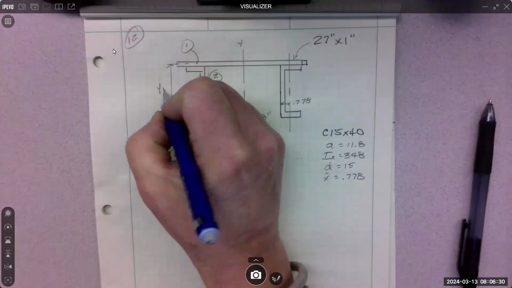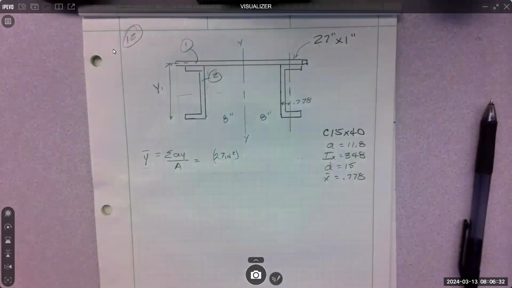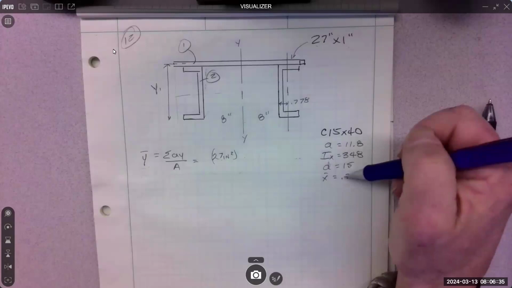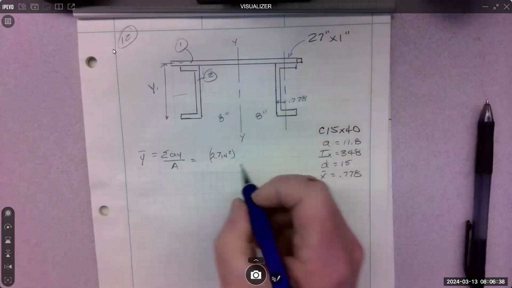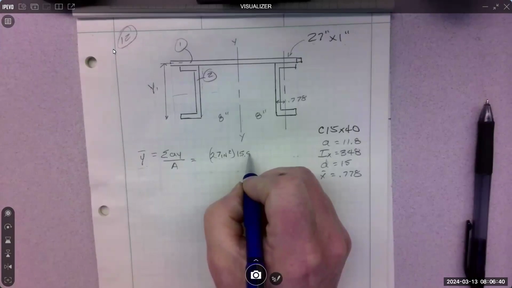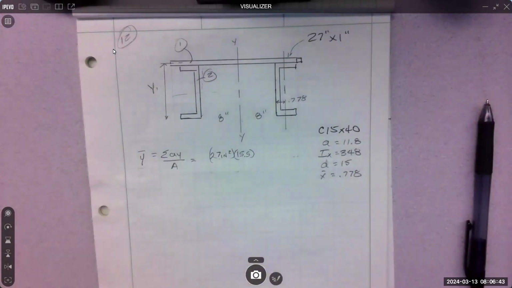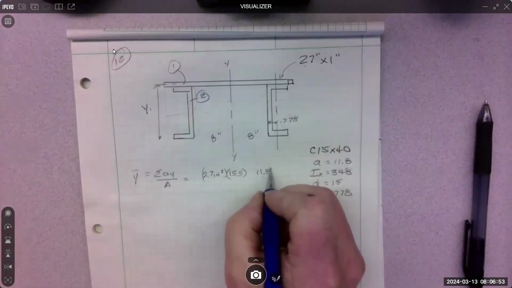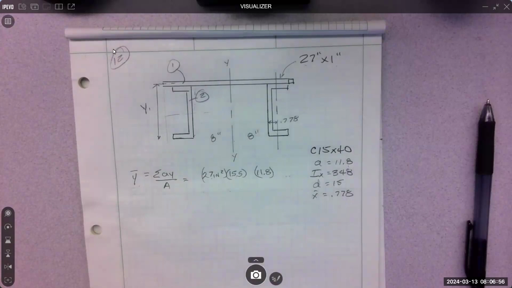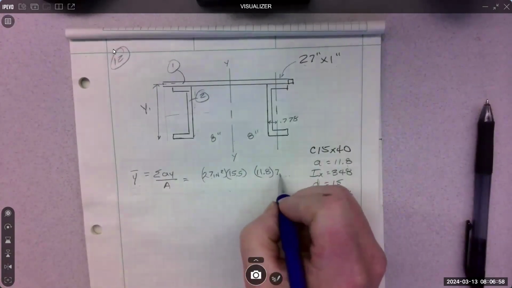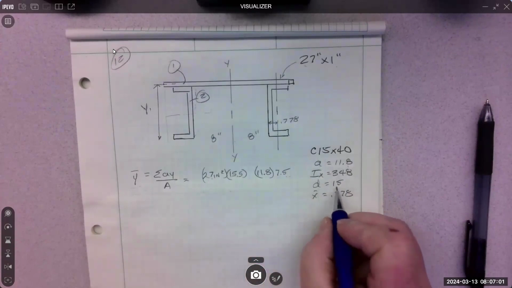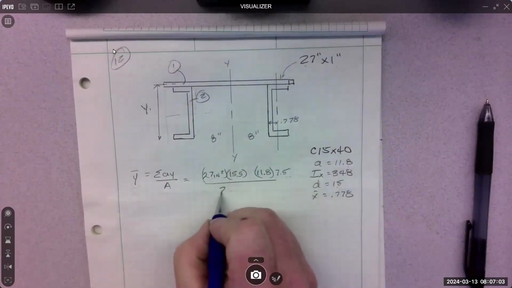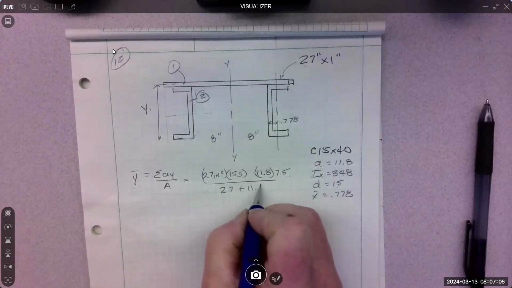That would be Y1, and that's going to be the depth of the C shape, which is 15, and then a half inch, 15.5. And then we need area of 2, which is 11.8. And then we need the Y distance to that centroid, which would be 7.5, half of the 15. And all of that over 27 plus 11.8.